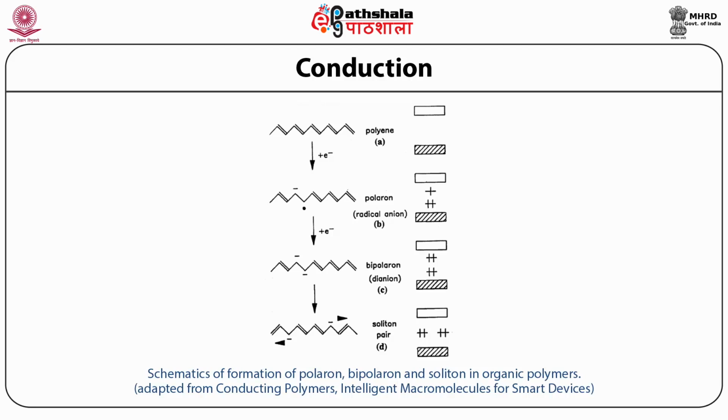Now here the students can note that the bipolaron can also be called a dianion. It must be noted that the solitons do not form in materials such as polypyrrole and polythiophene, which do not have a degenerate ground state.